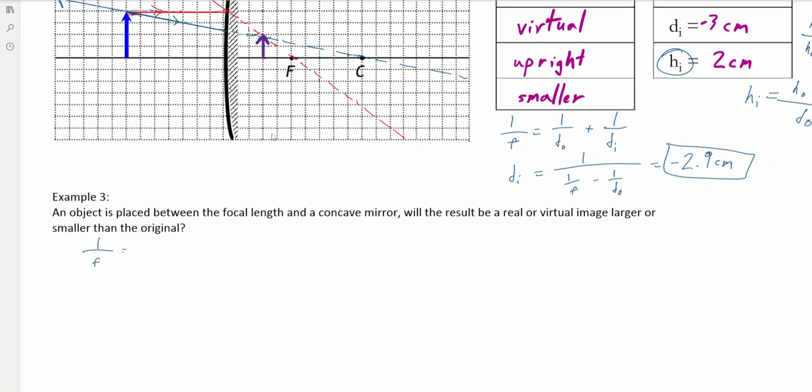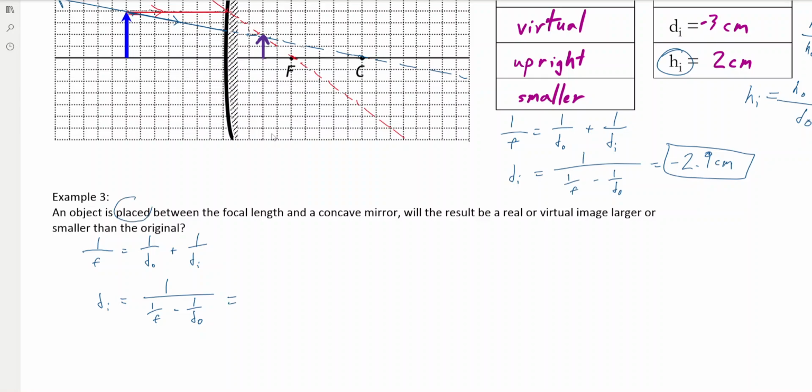We're going to use our formula to try to solve this. The formula starts off looking like this, and what we're looking for is the result, the image, right? So we're going to solve for our DI just the same as we did in all the previous questions. I'm just doing it a little faster. So we have that, and now we can just make up some numbers.